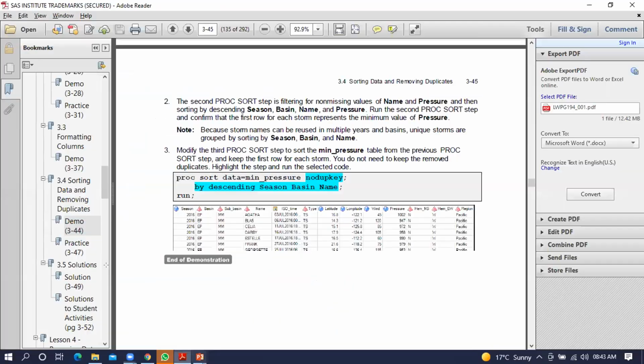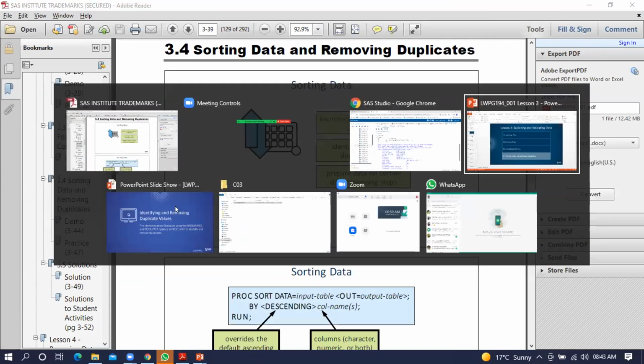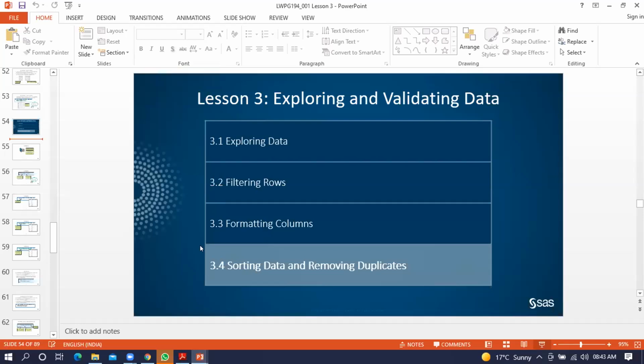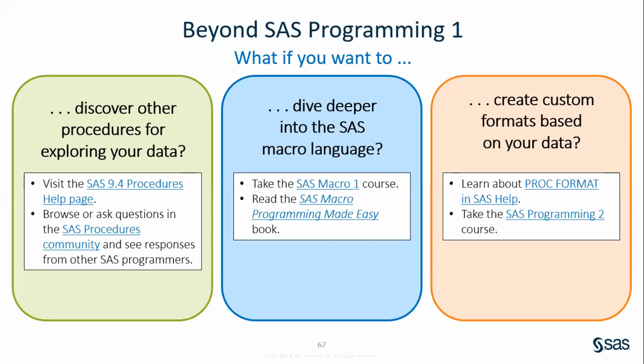So post this, let's check in case if we have done. So with this demonstration we have done with this chapter. So beyond this, what you can do is discover other procedures for exploring your data.